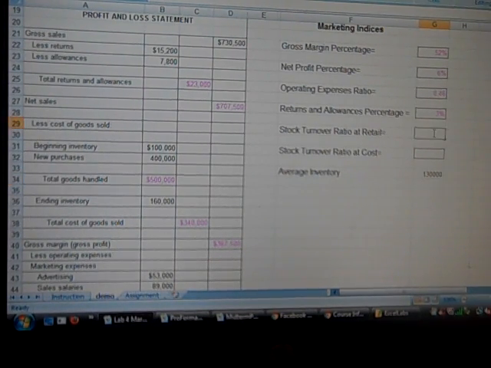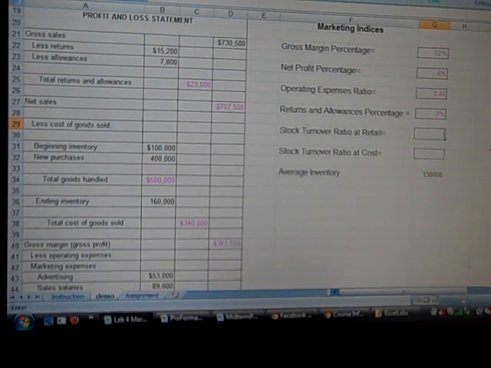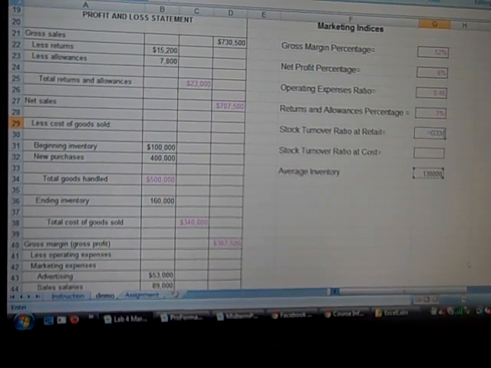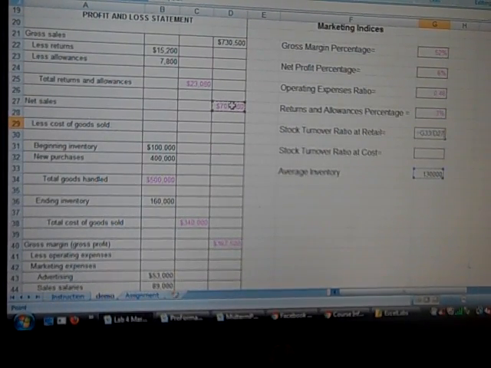All right, and then to find your stock turnover at retail, you get the average inventory, and you divide it by your net sales. Okay, and then these are also ratios, so you can keep it at decimal form.